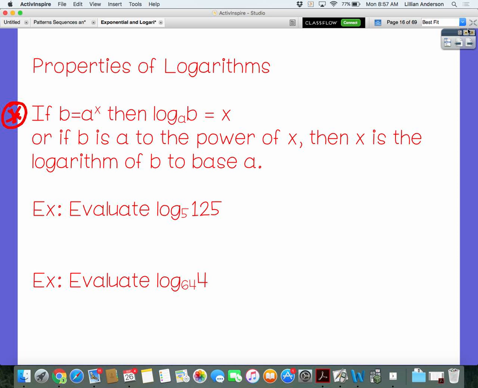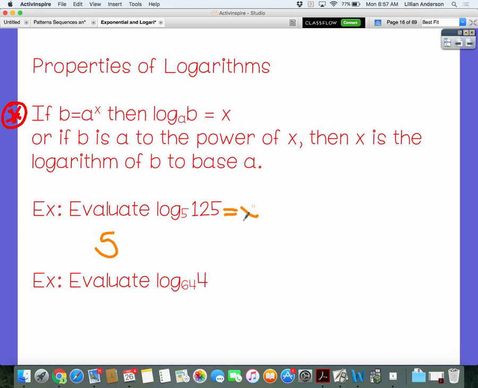All right, but we're going to evaluate log base 5 of 125. We're going to do this without a calculator. The easiest way to evaluate any log is to write it in this exponential form. So to write an exponential form, you're going to have your base, and then your exponent is what this equals.